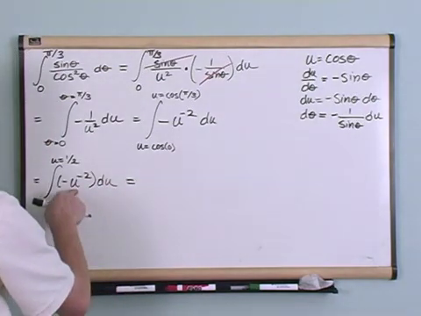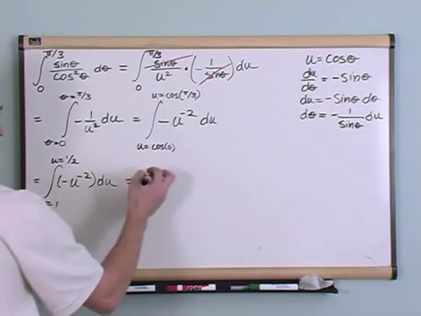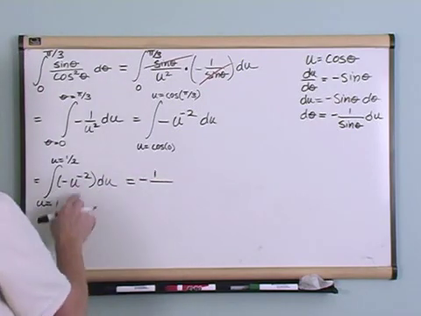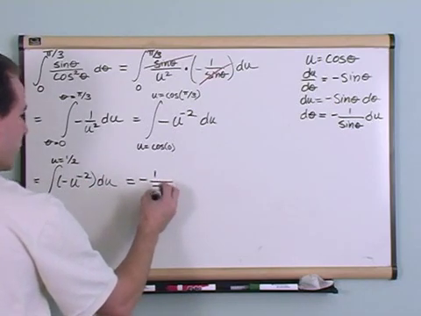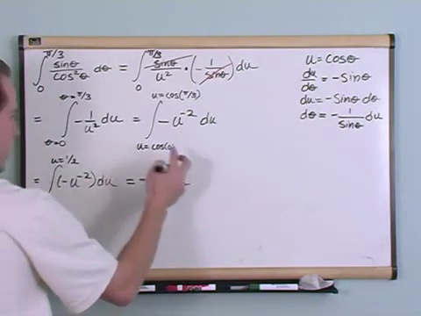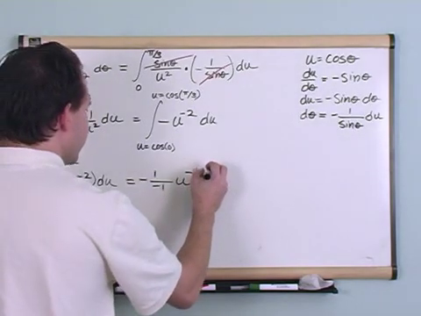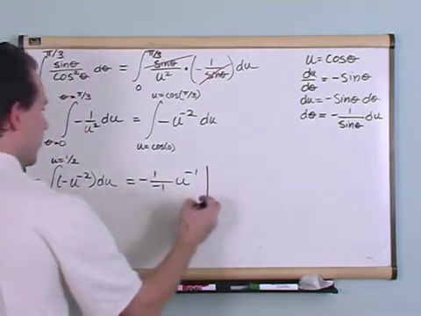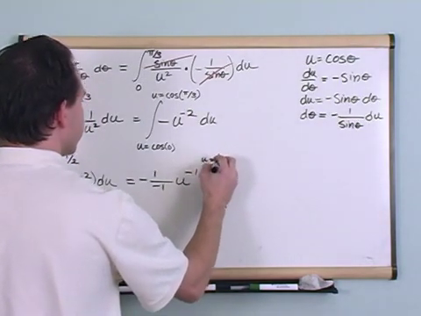So when you actually integrate this, what you'll have is negative, because you've got a negative sign, 1 over the exponent plus 1, negative 2 plus 1 is negative 1, times u to the negative 1. And don't forget that you're evaluating from limits u is equal to 1 to u is equal to 1/2.